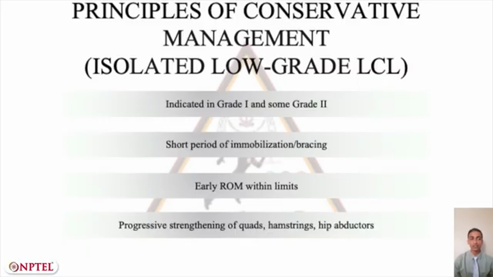Range of motion is restored early, but in a controlled fashion. Muscle strengthening focuses on strengthening of quadriceps, hamstring, and hip abductors. Hip abductor strengthening supports lateral stability of the knee. Conservative treatment usually yields excellent outcomes for grade 1 and 2 injuries.